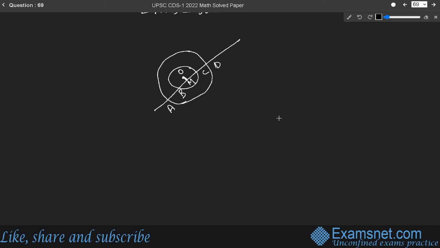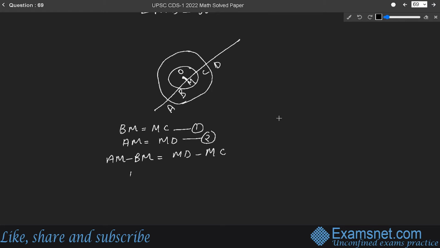Therefore, we can say that here BM is equal to MC and AM is equal to MD. Let this be equation 1 and let this be equation 2. Now subtracting equation 1 from equation 2, we get AM minus BM is equal to MD minus MC.